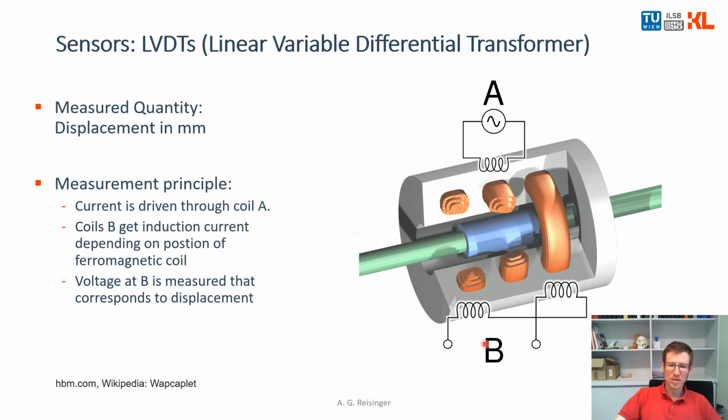So you measure the voltage of the coils B, and depending on the voltage you can know the position of the ferromagnetic core here. So this blue piece is sliding left and right, and you have a voltage reading here at B. And A is driven constantly with the current.